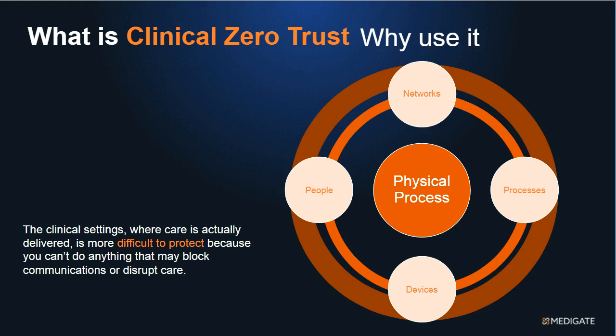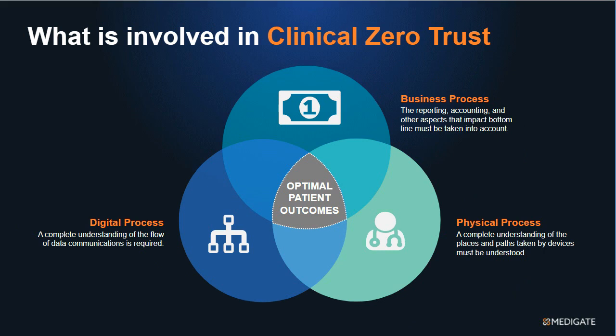So just a moment on what's involved in that and how I wrap my head around what's involved. Typically, cybersecurity folks have traditionally been very focused on this digital process that we see there on the left of the screen. We understand data flows, we understand communications and digital files. But what we also need to do now is pull in the physical process, which is really where our clinicians and biomed engineers come in.